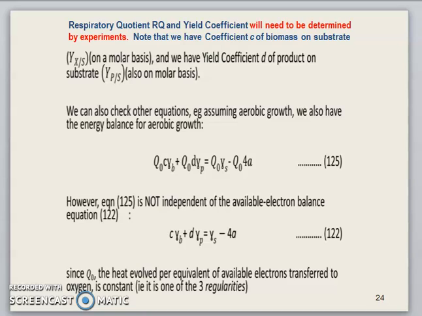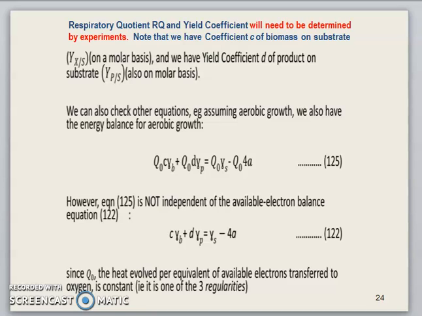Note that we have the coefficient c of biomass on substrate, denoted by YXS on a molar basis, and we have the yield coefficient d of product on substrate, denoted by YPS, also on a molar basis. We can also check other equations, assuming that it is an aerobic growth. We also have an energy balance for aerobic growth, which can be used to solve for any unknown stoichiometric coefficients.